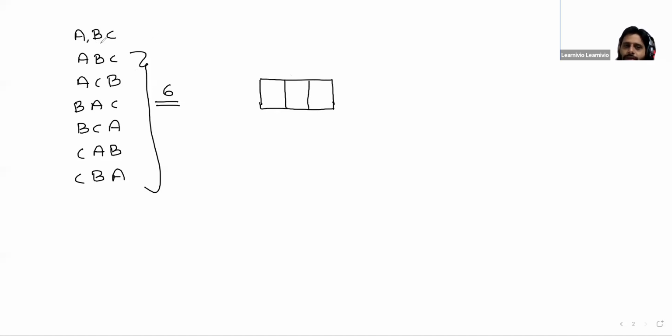We have 3 alphabets, A, B, and C. The first box has 3 choices. Suppose we have used A, then the second box has 2 choices. Suppose we have used C. Now the last one has 1 choice. So 3 into 2 into 1 is 6. So finally we get 6.